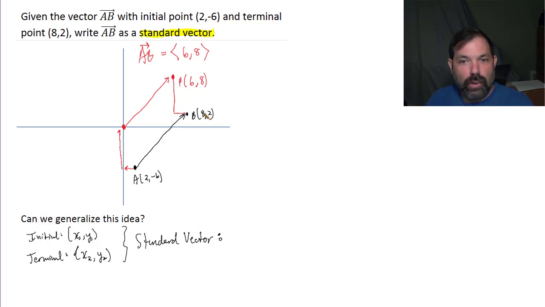I basically subtracted. I took x2 and I subtracted x1. 8 minus 2 is 6. I subtracted the y's. 2 minus negative 6 is 8. So the standard vector can be written as x2 minus x1, comma, y2 minus y1. And remember that we have to write it in the vector notation, as a standard vector with the angled brackets.